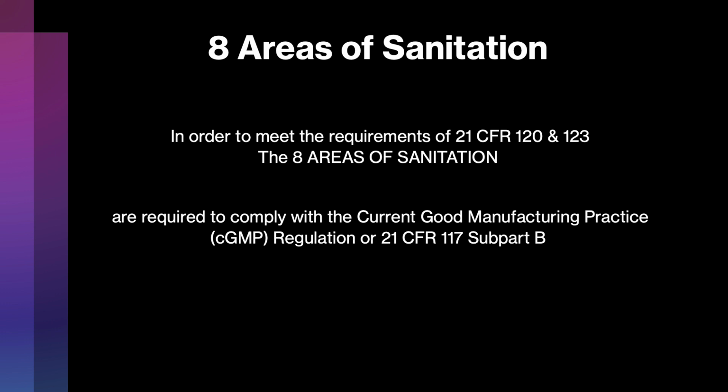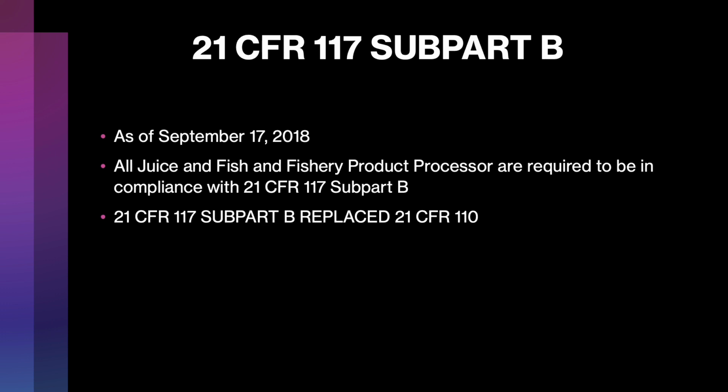In order to meet the requirements of 21 CFR 120 and 123 for the 8 areas of sanitation, they are required to be in compliance with 21 CFR 117 Subpart B, the Current Good Manufacturing Practice Regulation, or CGMP. As of September 17, 2018, all juice and fish and fishery product processors are required to be in compliance with 21 CFR 117 Subpart B. 21 CFR 117 Subpart B replaced 21 CFR 110.